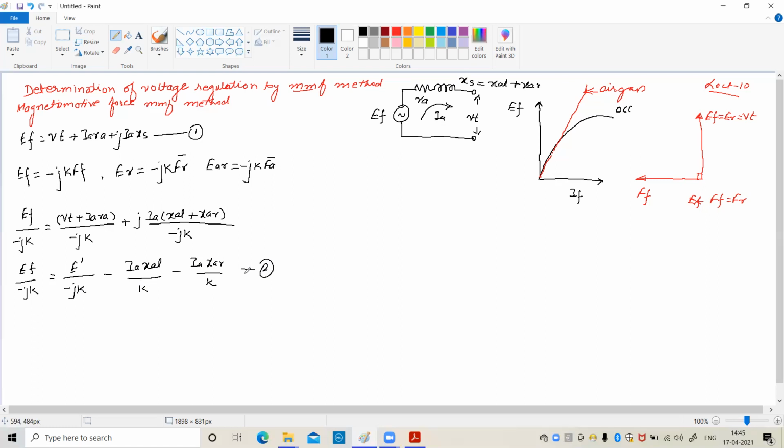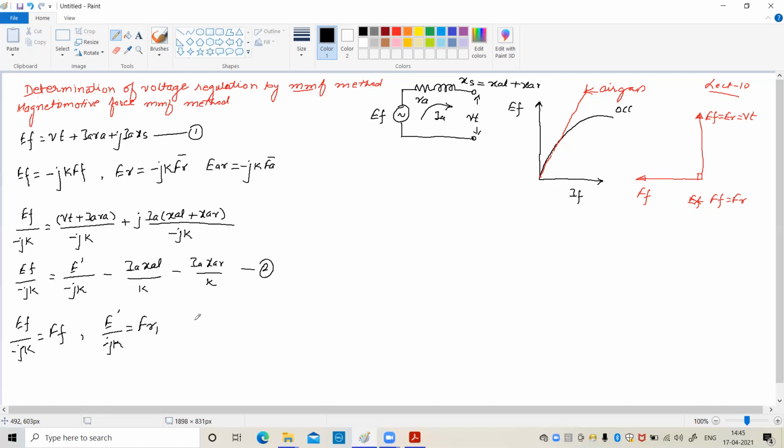EF divided by minus JK is nothing but the total field MMF FF, whereas E dash divided by minus JK we will denote as FR1.